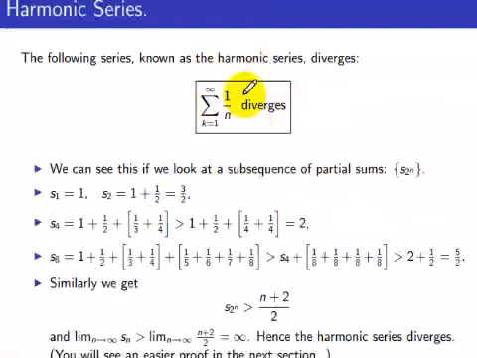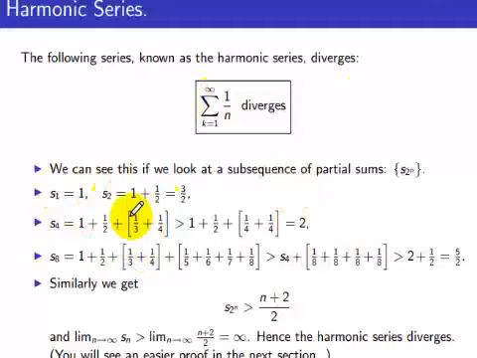So this one is known as the harmonic series, and this series is divergent. You can show that by writing the nth partial sum, right?